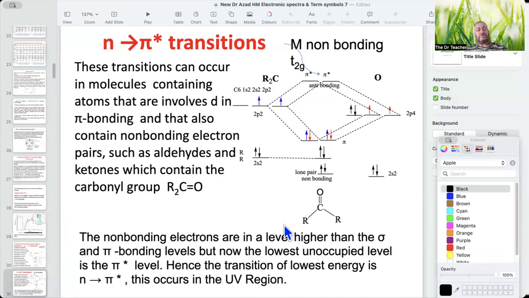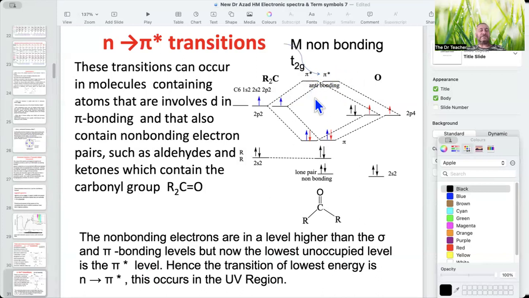So the non-bonding electrons are at a level higher than the sigma and pi bonding levels, but the lowest unoccupied level is a pi star level. The lowest, we call it lowest unoccupied, so this is the LUMO, and its level is the pi star. This is the LUMO. Why do we call it unoccupied?